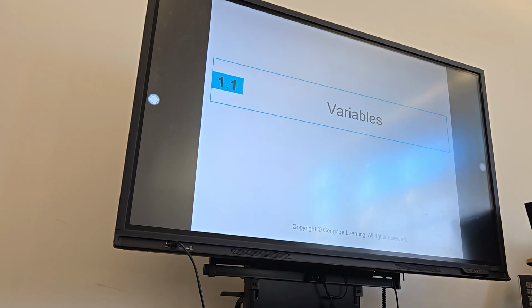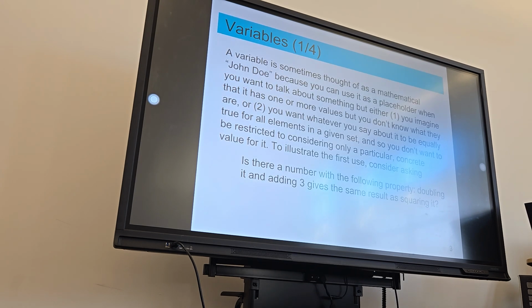In computer science 1 and in your math classes you use variables. A variety of different classes use variables. But we're going to look at it formally, what it actually means.